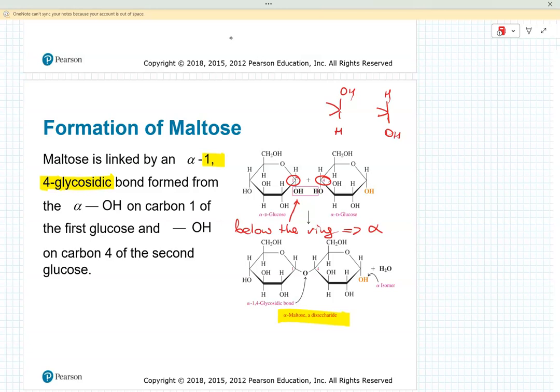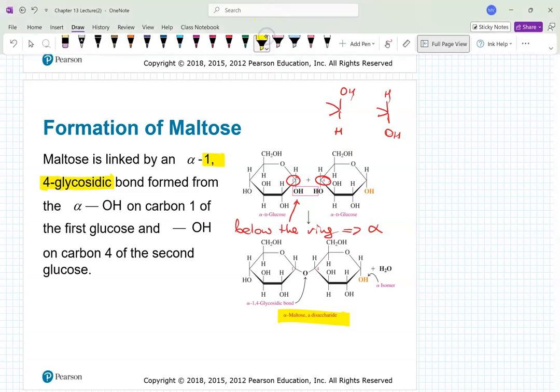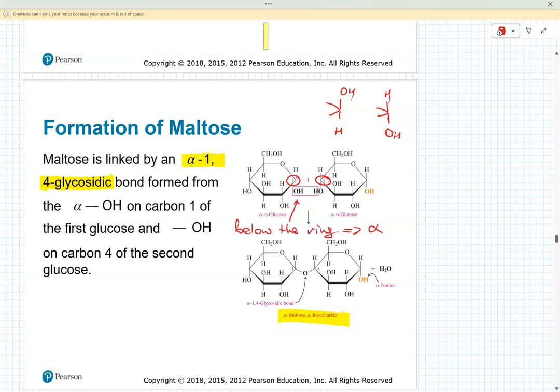We just can't really make it 3D. Do follow. This hydroxyl group that I pointed at is below the ring. If it's below, by definition, we call it alpha. So this is why this bond is an alpha 1,4 glycosidic bond. Sounds good?